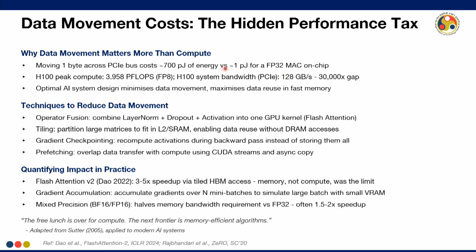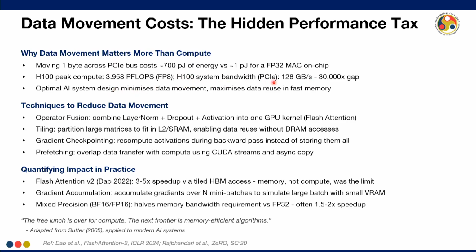So 1 picojoule versus 700 picojoules just to transfer the data through this PCI bus. So you can imagine we are spending around 700 times the energy for transferring the data from the memory to the compute unit.